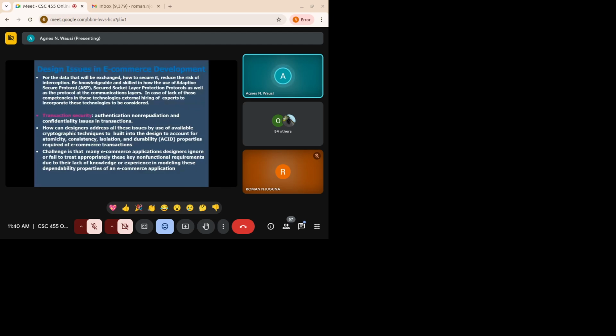And if you as a designer feel you don't have those competencies, because sometimes you may never know everything, you can look for an expert in that area who will assist you to understand, and you'll be able to incorporate the appropriate securities that need to be there. So that's the overall in terms of the network security.